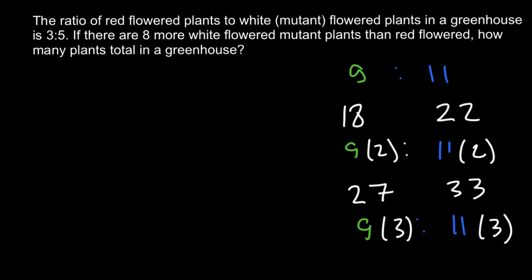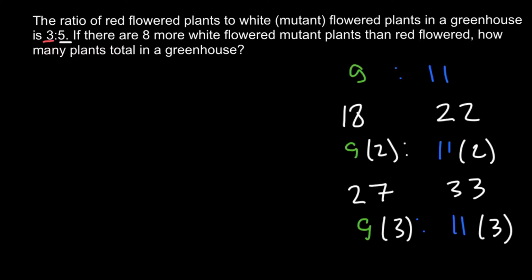Basically we don't even need any formulas or anything, we can just use simple logic because the numbers here are small, and as you see we have a ratio of 3 to 5. 3 stands for the red flowered plants and 5 stands for the white flowered plants.